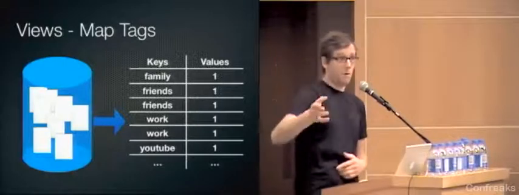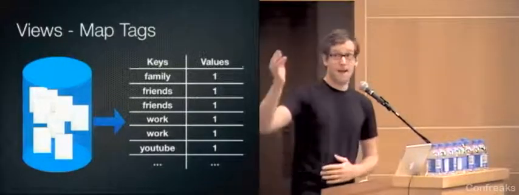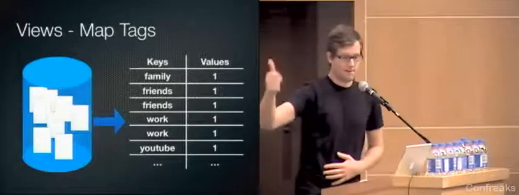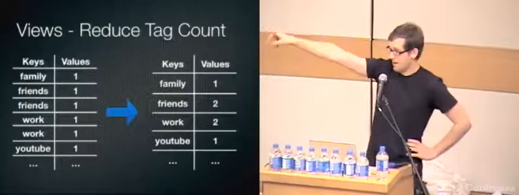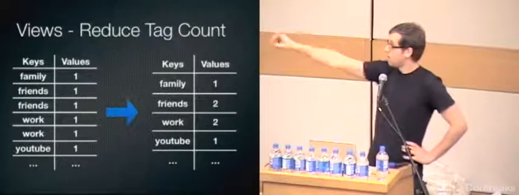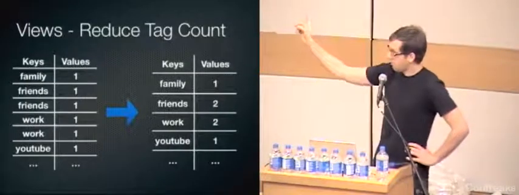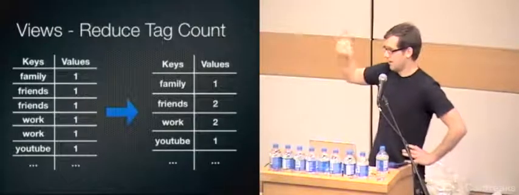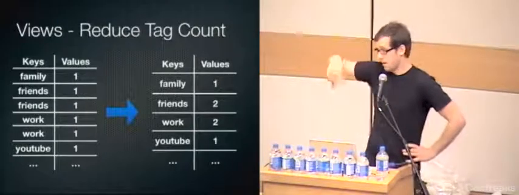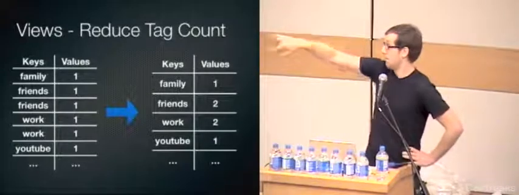So what we have is a list of all tags that occur in our database and all the counts for these single tags. Now, the reduce step. The left list is what we just saw. The reduce function gets, for each key, all the values, and can then operate on the values that we have in the map list on the left side.